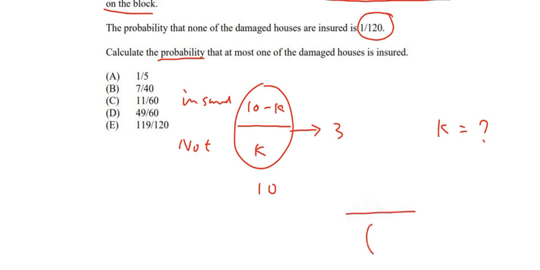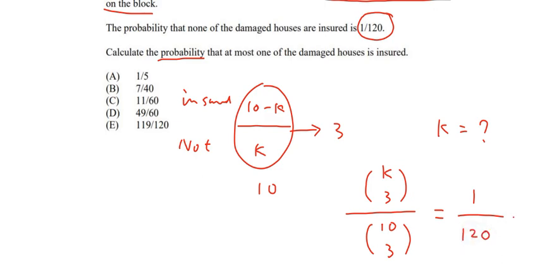So such a probability is just from 10 we pick 3, and none of them is insured. So these 3 are from K choose 3, right? So such a probability is 1 over 120.